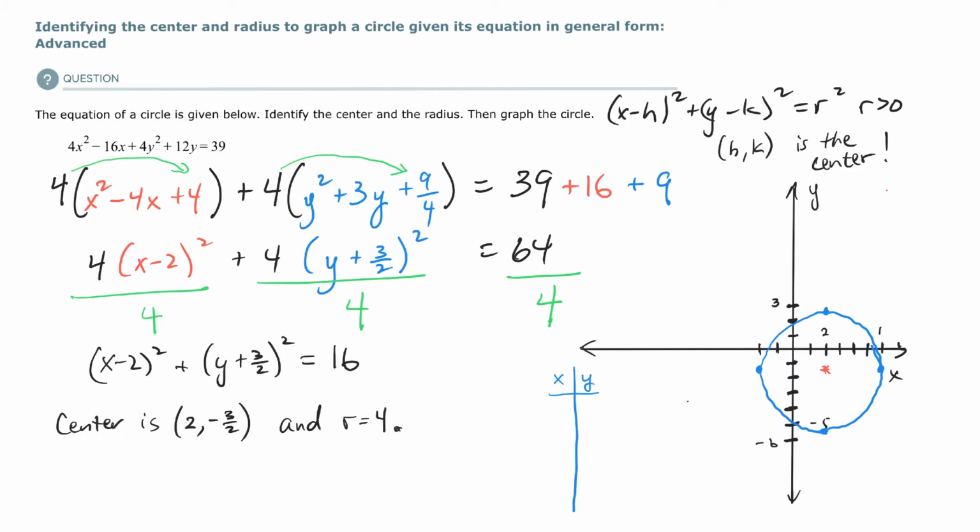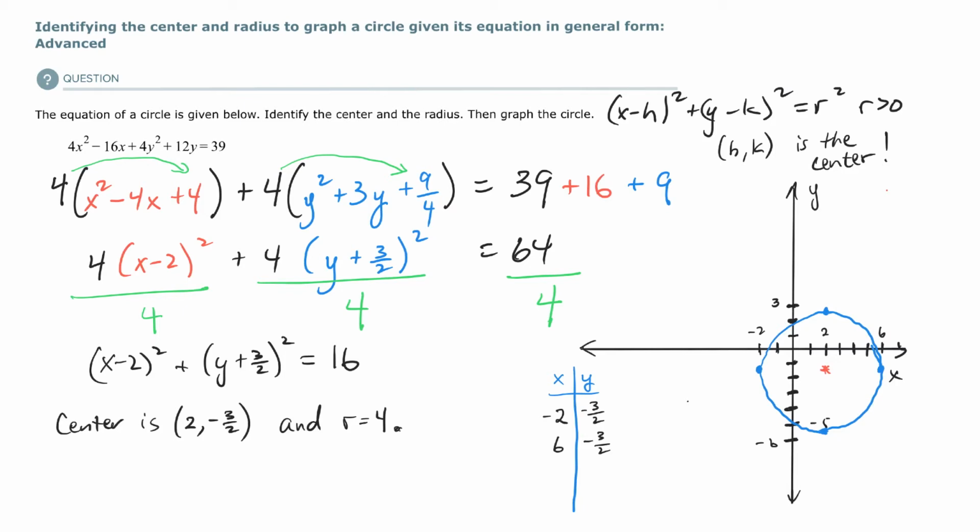So remember, this one was 6, and this one was -2. So we have -2 and -3/2. That's one of the ordered pairs. We also have 6 and -3/2.